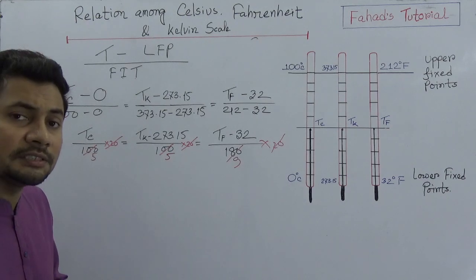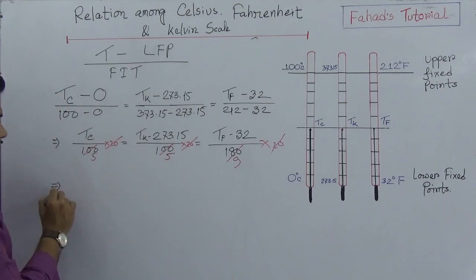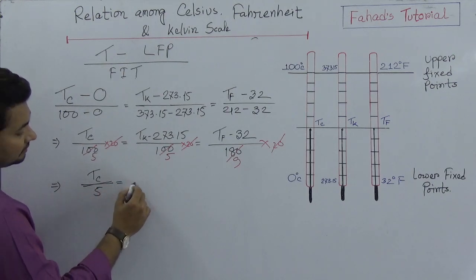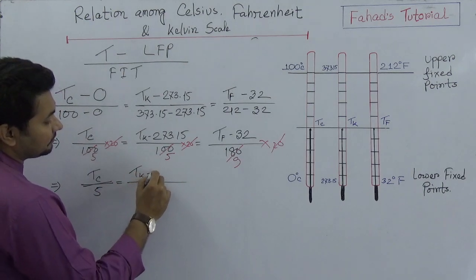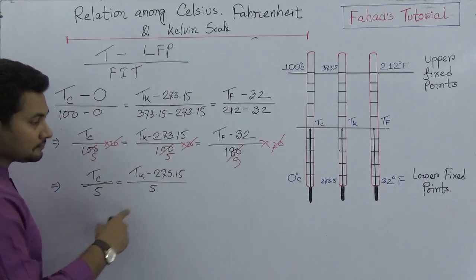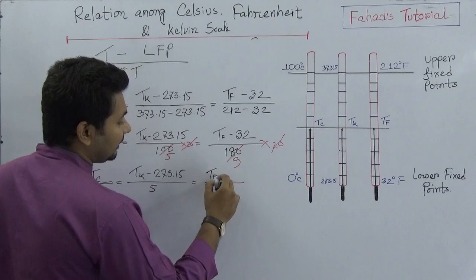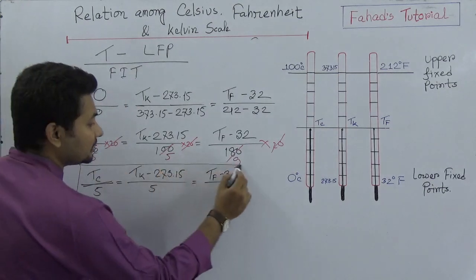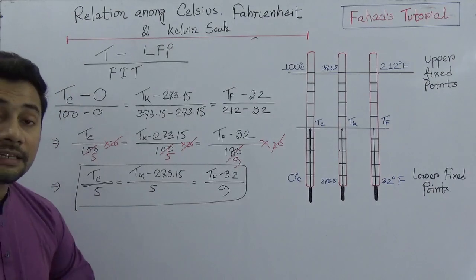So we have the simplest form of this equation: Tc by 5 equals Tk minus 273.15 by 5 equals Tf minus 32 by 9.